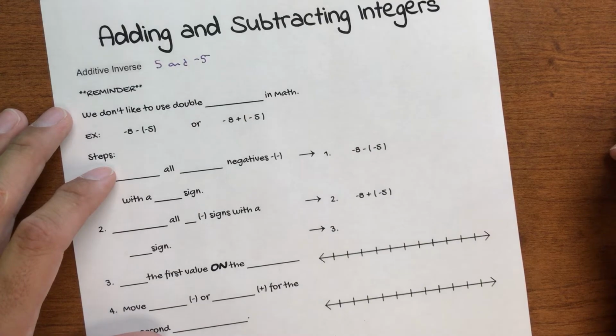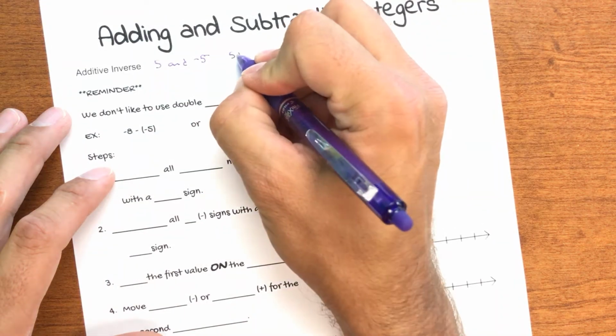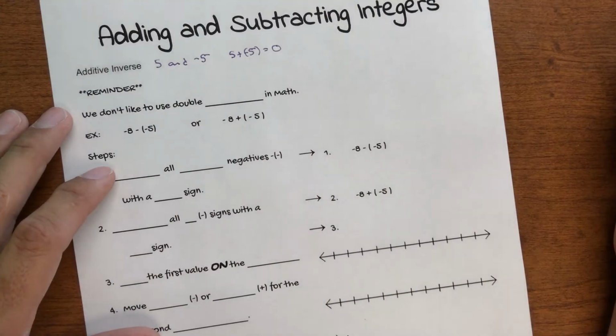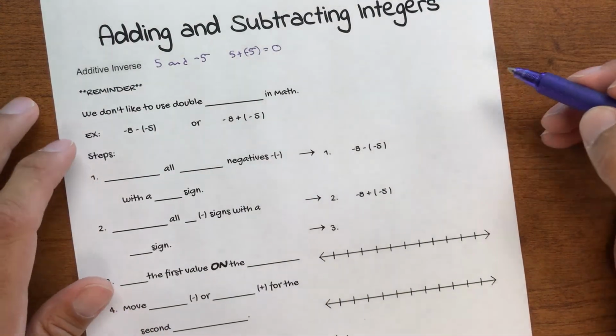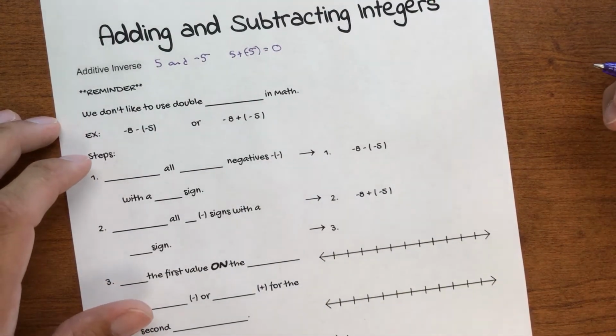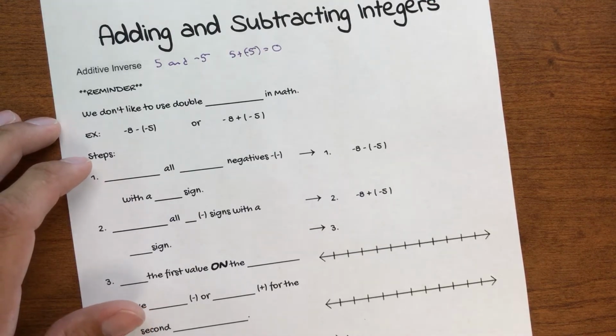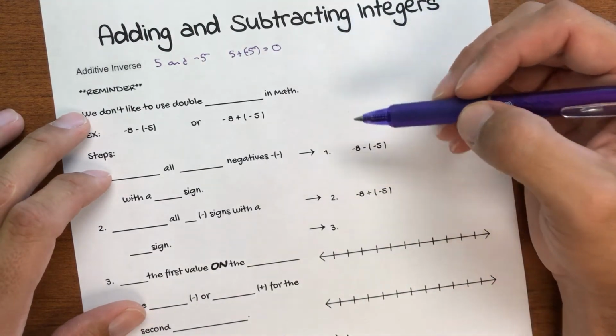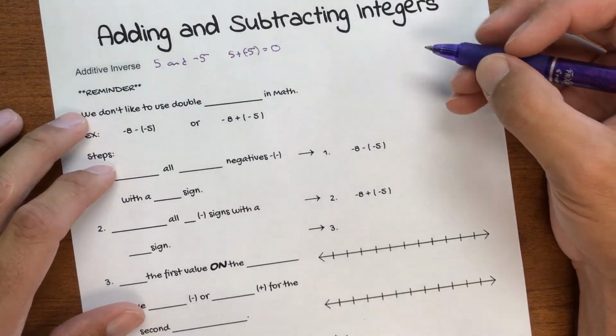If I add them together, if I do 5 plus -5, I'm going to end up with 0, which is kind of common sense if you think about it. If you make $5 and you spend $5, you don't have any money left. You're at 0. Okay? So an additive inverse is just the number that you would add to get to 0.